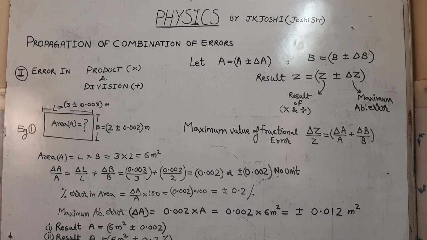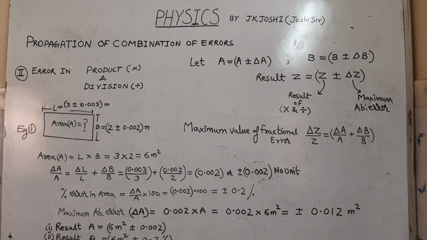Now the percentage error in area is calculated by simply multiplying with 100. We get 0.002 multiplied by 100, that is plus minus 0.2%.